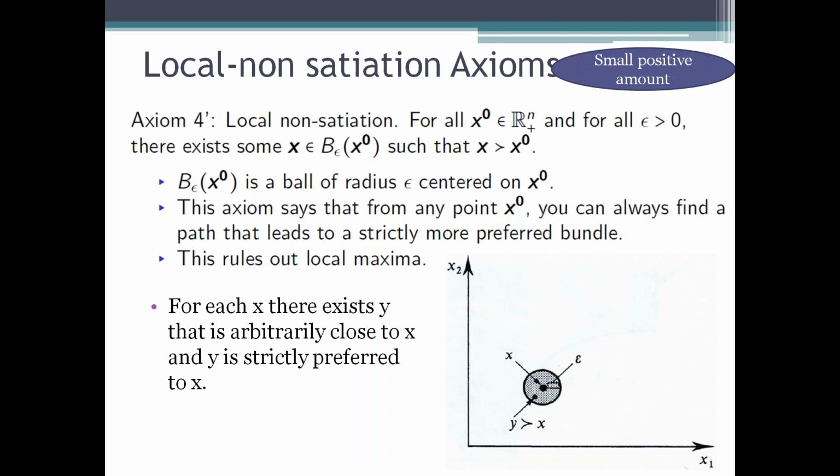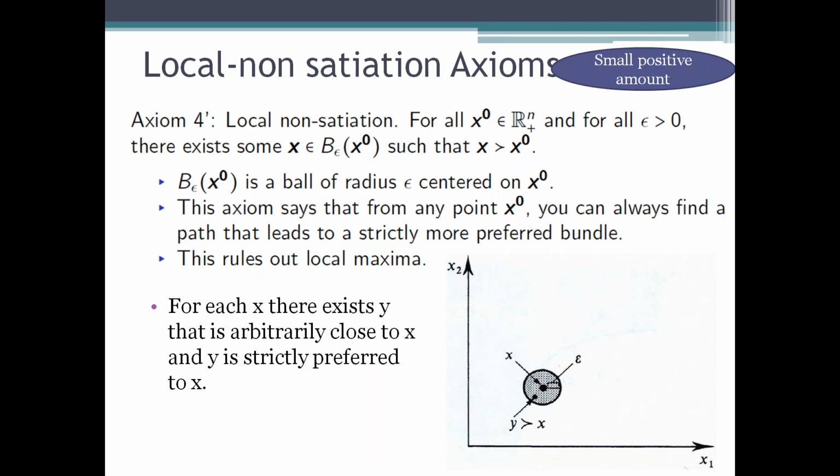So once again, according to this axiom, the consumption bundle x naught is in an open set. We will always find another consumption bundle that is very close to x, that is a neighbor to x, so that it is strictly preferred. How close is it? The difference is just by adding this tiny epsilon. So it's an extremely tiny difference.